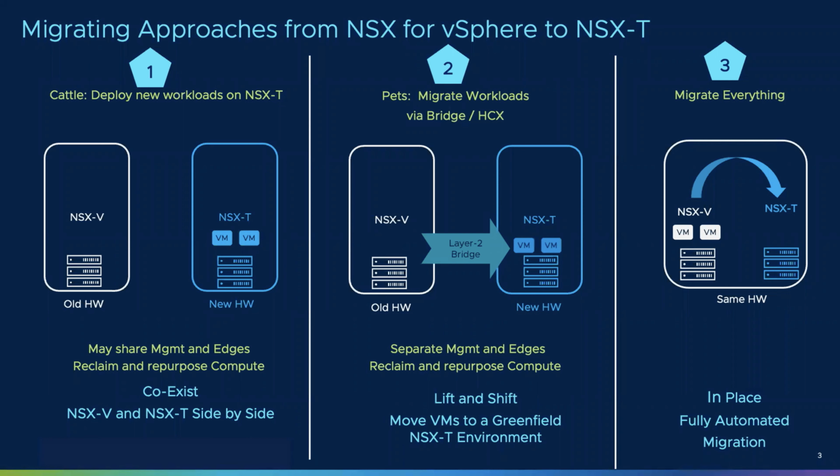You are just uninstalling your NSX V and installing the newer NSX T. This will be fully automated and configured by the NSX migration coordinator. Once your NSX T is ready, the VMs will be moved from NSX V to NSX T and will keep working there.